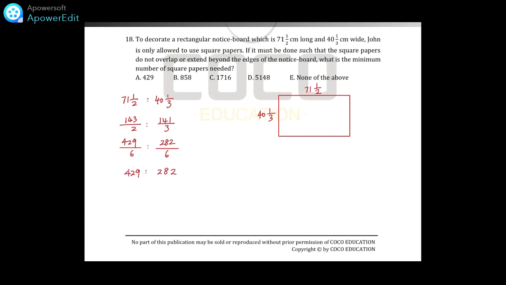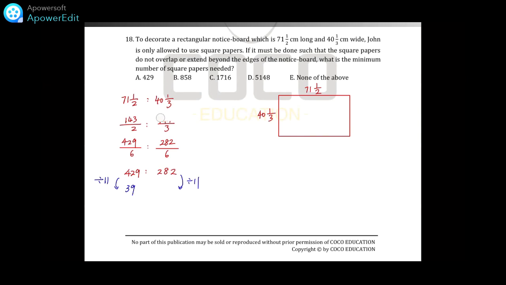Now simplify it further. Let's divide by 11. Divide by 11, we get 39. So the other one is, sorry, there is a mistake.